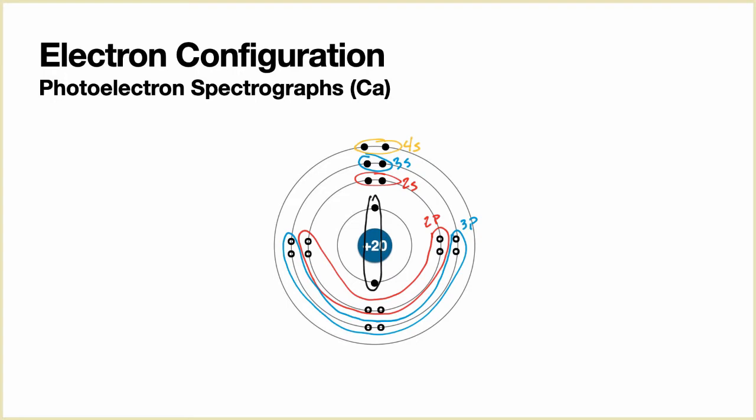Now, first energy level has one sublevel. Second energy level has two sublevels. How many sublevels will the third energy level have? As we said, 3. How many sublevels will the fourth energy level have?